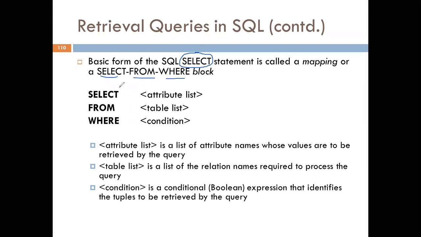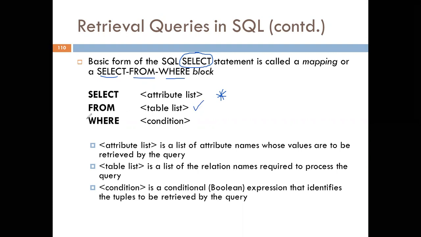If we want all the attributes of a table to be retrieved, then in place of the attribute list, we mention a star. Select star. Star indicates all the attributes of a table. In the from clause, we write the names of the tables.